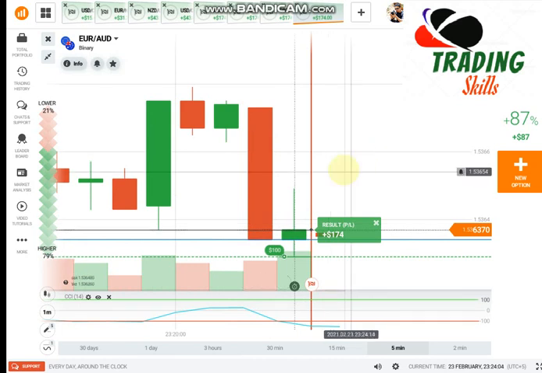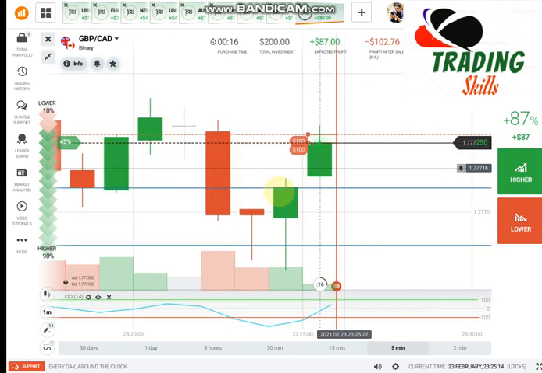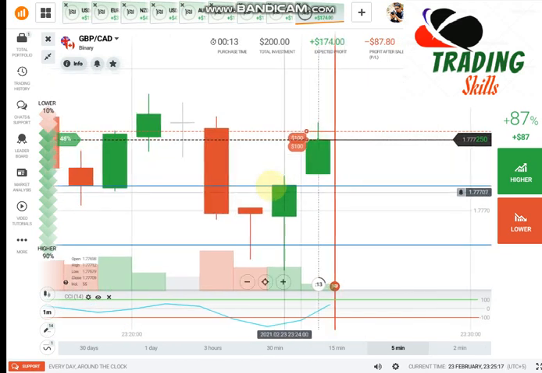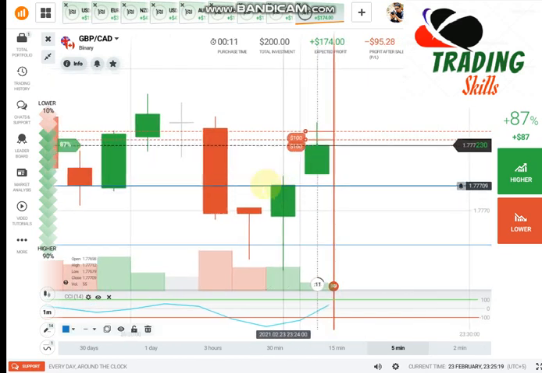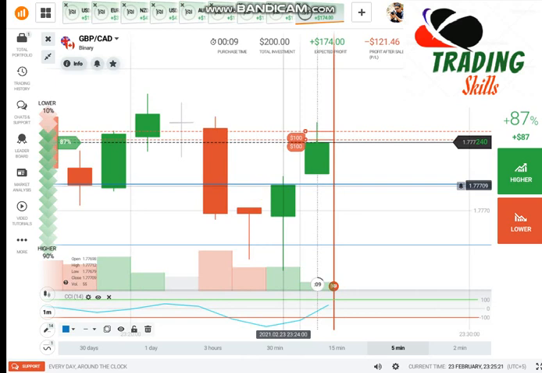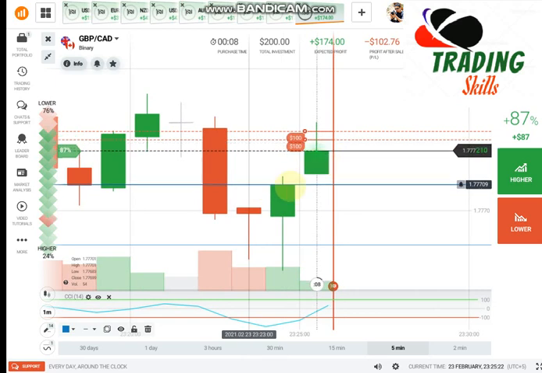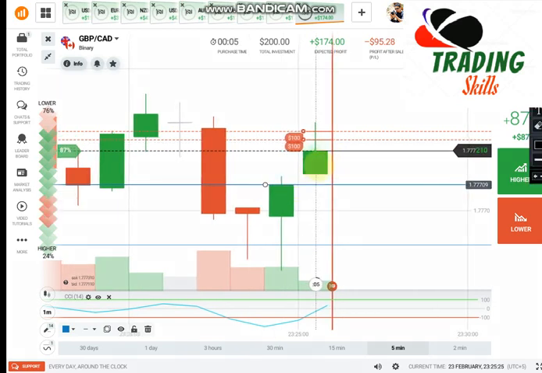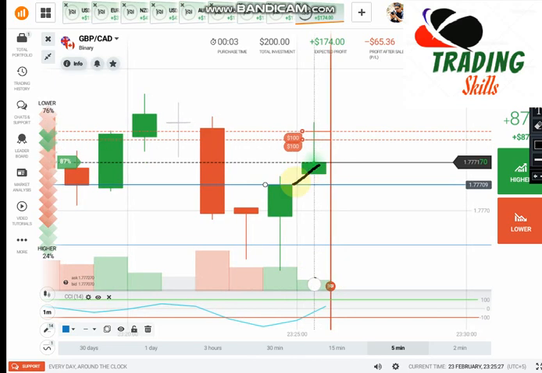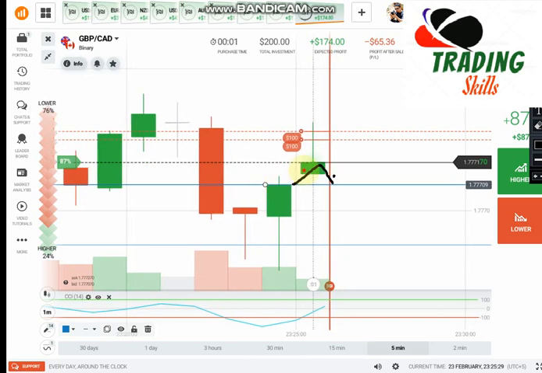Okay, so here I have taken my trade in a down direction, and you will see we will definitely win our trade here. Okay, let's see. And now you can see, although market will give us a red candlestick, but from this point to this point market jumped in an up direction.